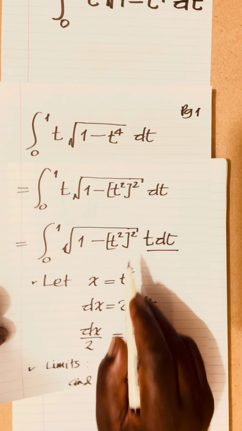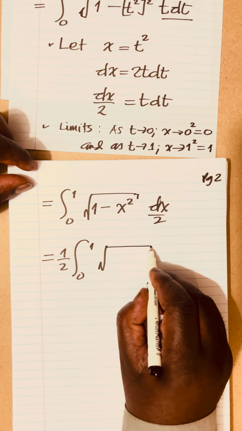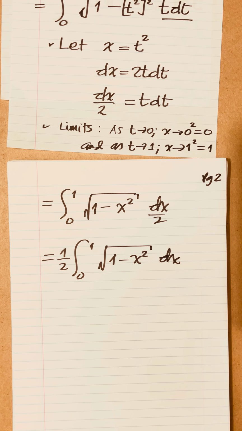And outside here, instead of having t dt, I'm going to have dx over 2. Let's call this page 2. Now take half out because it's a constant. 1 over 2 times the integral from 0 up to 1 of the square root of 1 minus x squared dx. At this point, I want to remind you, remember the idea is to evaluate this integral without integrating.